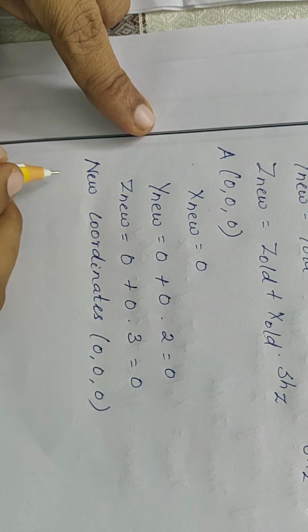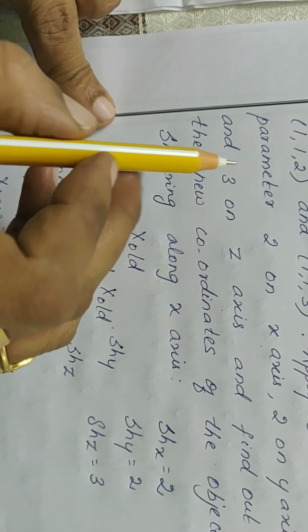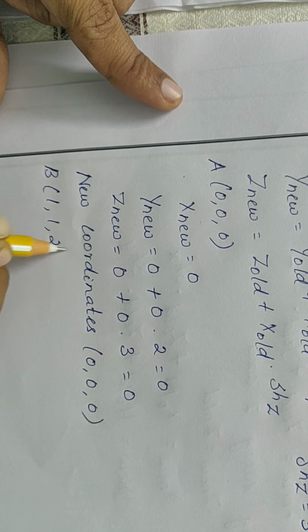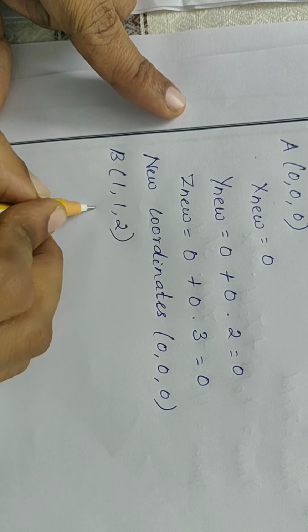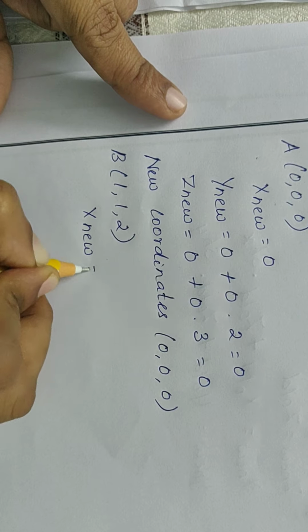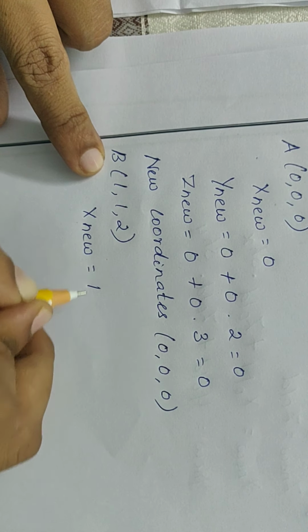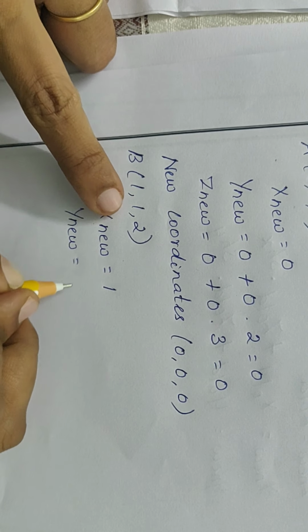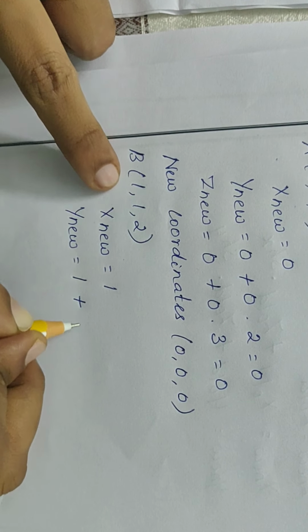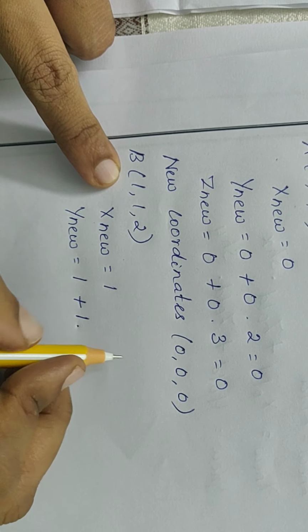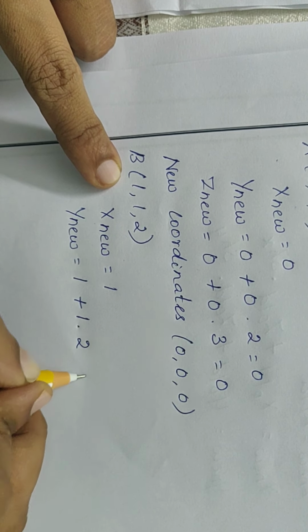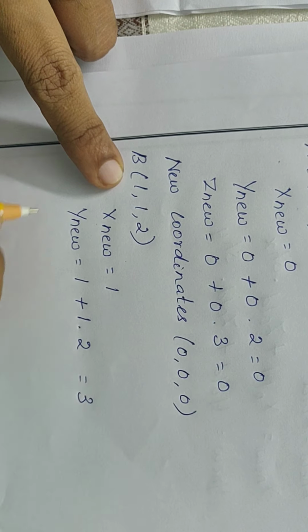Next, we'll consider the next endpoint, which is 1, 1, 2. So B is equal to 1, 1, 2. Here x new is equal to x old, so it will be 1. Y new is equal to y old plus x old into shear factor along y, which is 2. If I calculate, I'll get 3.